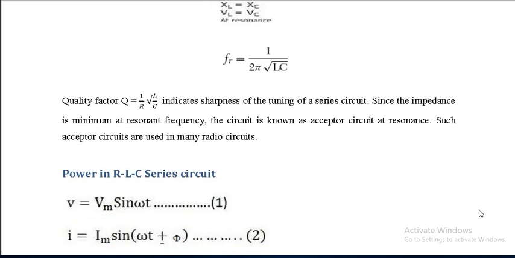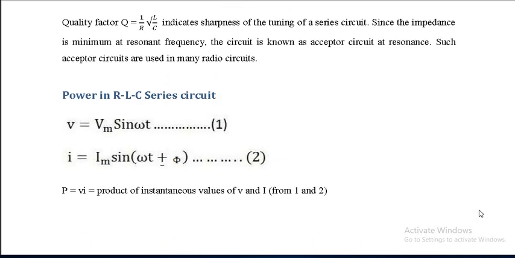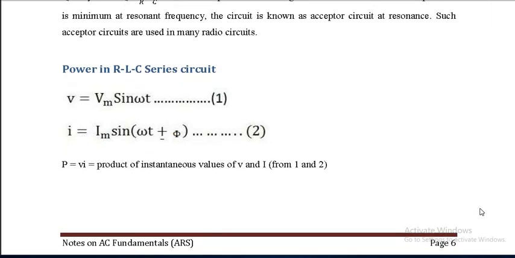Okay. Power, again with the same expression, you can have that V is equal to Vm sin omega t, and I is equal to Im sin(omega t plus or minus phi), plus if it is capacitive dominant, minus if it is inductive dominant. Okay. No, it is I is equal to Im sin(omega t minus phi) if it is inductive dominant, and I is equal to Im sin(omega t plus phi) if it is a capacitive dominant circuit.